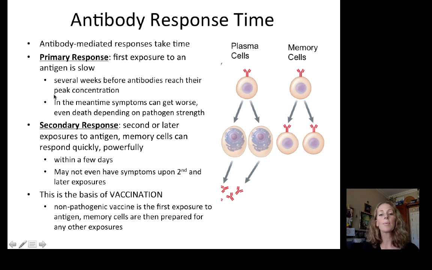So you skip the primary infection and go right to having memory cells, and you're then prepared for any other exposures. So this will be done for diseases in which the primary response could create enough damage or could be fatal. In that case, it's very important to get a vaccine to prevent that initial infection and to guard against any exposure to the antigen in the future.